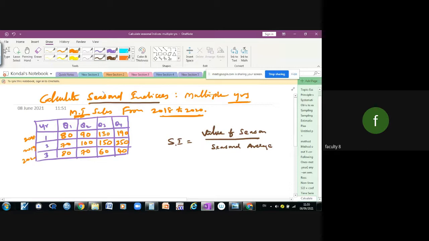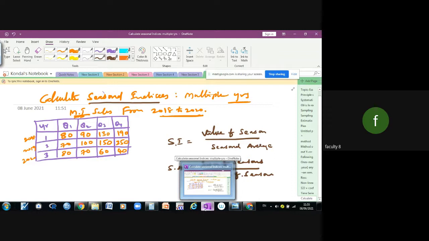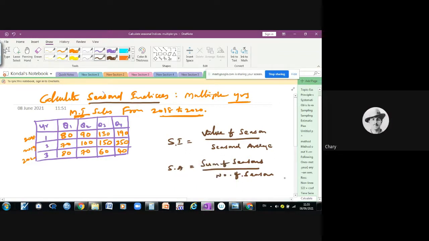And the seasonal average formula is the sum of seasons divided by the number of seasons, right? Sum of sales by the number of seasons.